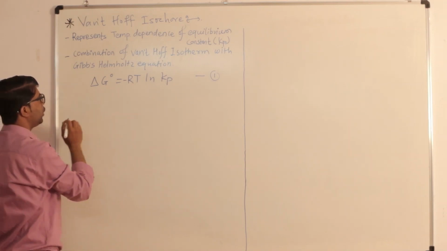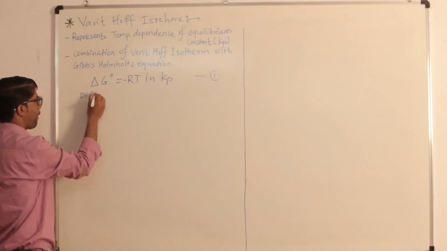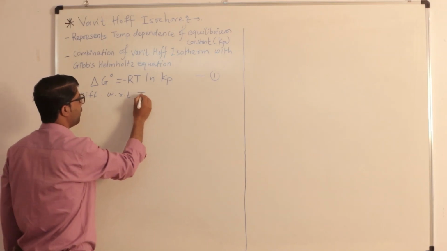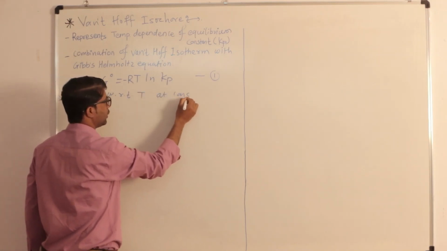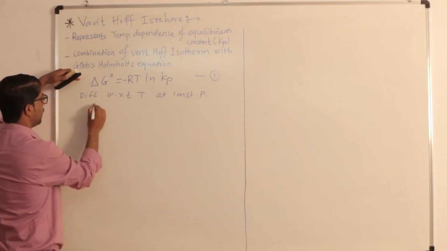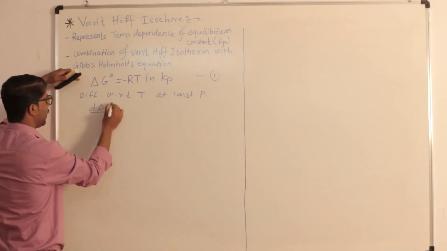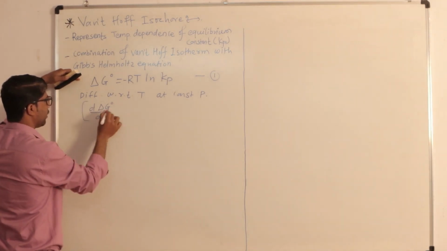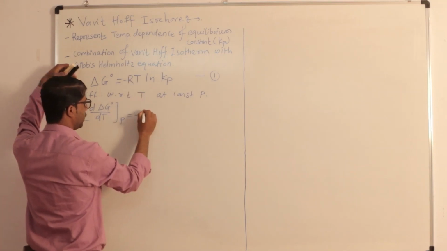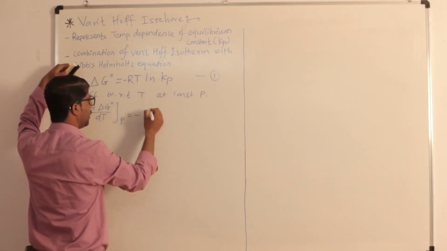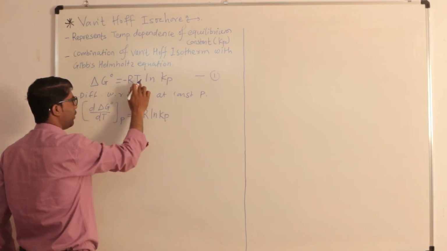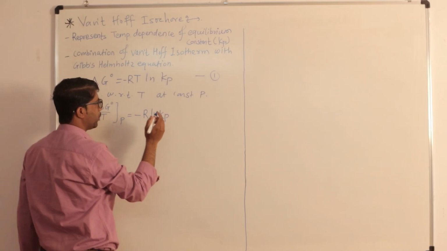Here I am going to differentiate this equation with respect to temperature at constant pressure. On this side, the differentiation of delta G0 with temperature at constant pressure is equal to minus R, which is a constant so it is kept as it is, times ln Kp constant, and differentiation of T with respect to T becomes 1.